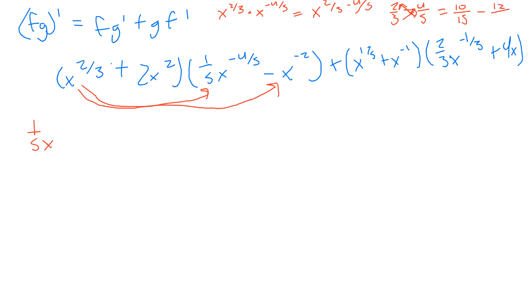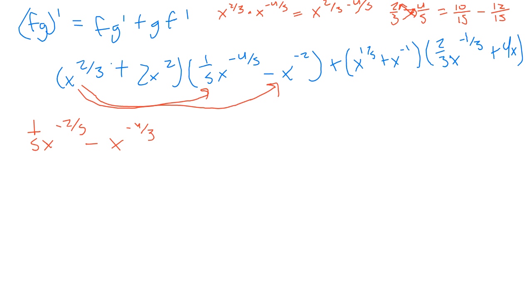So we get negative 2/5 right up here. And then now we have x to the 2/3 times negative x to the negative 2. So we're going to get a minus x. 2/3 minus 2 is going to be negative 4/3. So now we have that one done.